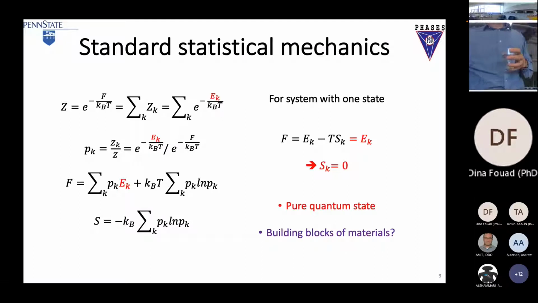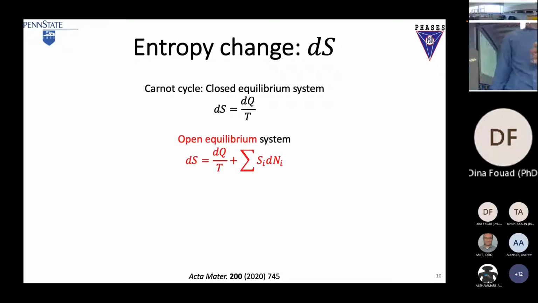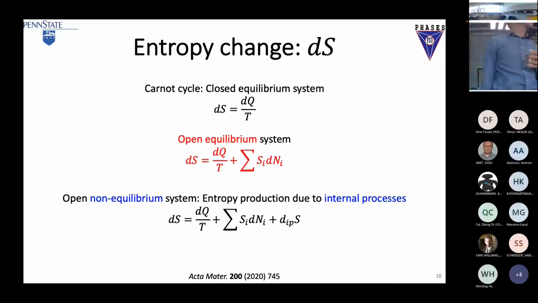But still, we know electrons are the building blocks, atoms and electrons put together, but we cannot use them directly. So we have to understand more about the entropy, and that's what we learned about entropy change. If you add heat, you change the temperature of an equilibrium system, then you add mass into it, still an equilibrium system, or you can do a non-equilibrium system. Most textbooks talk about the first one.